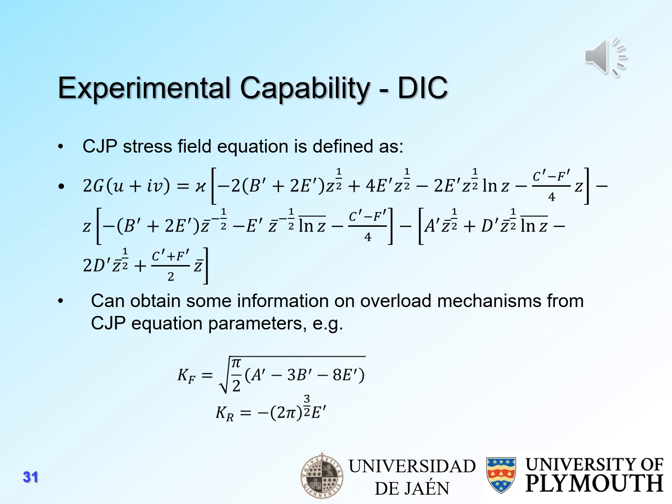So the equation that defines the CJP stress field is given here, and you can see it's got a number of parameters in it which you solve for: A, B, E, C, F, etc. And the two stress intensity factors that we define in this, which is Kf, a forward factor driving it, and Kr, a residual or retarding stress intensity that retards crack growth, use these parameters in them. And so in principle, if the values of A, B, E, etc. change during, for example, overload cycles, it should be feasible to get some information as to which parts of the stress field are causing that.